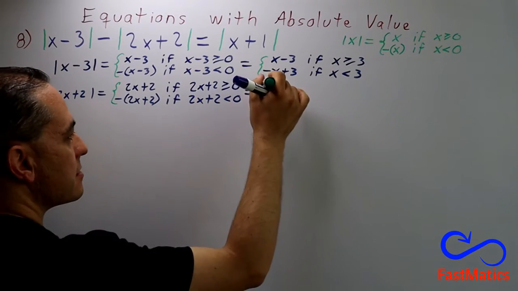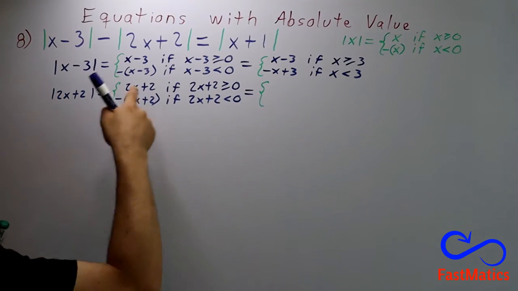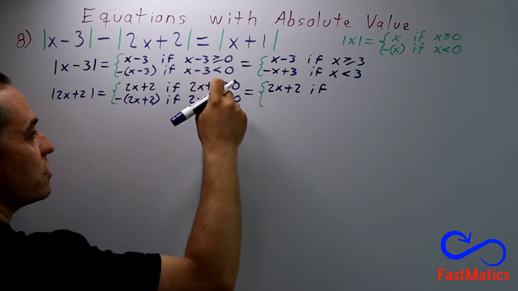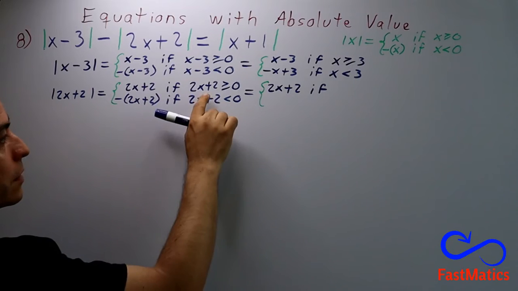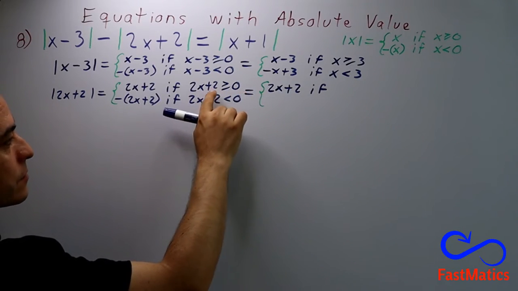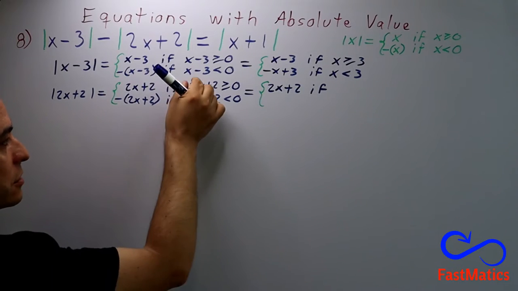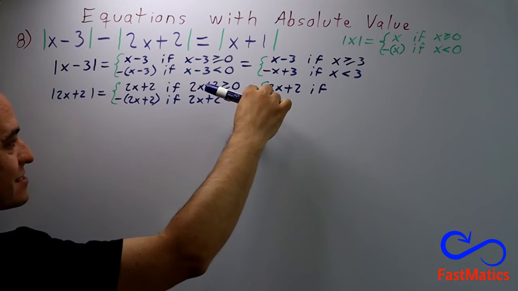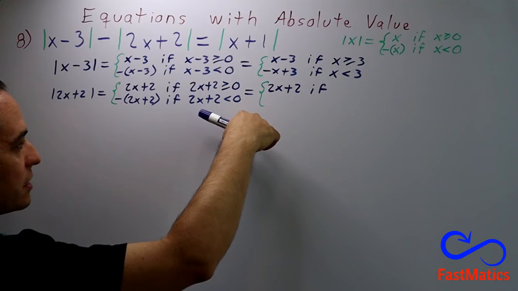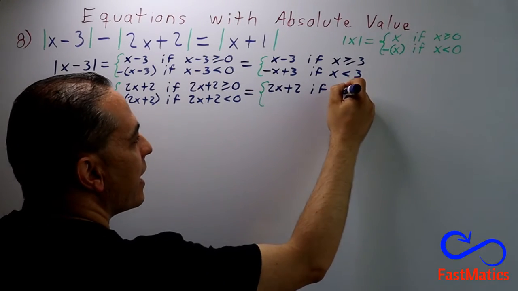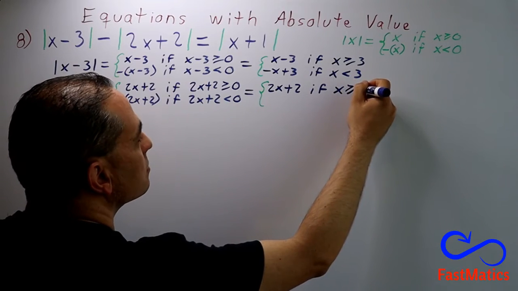And we can simplify a little bit. We copy everything, but we solve the inequality. We will pass the 2 as a negative 2, and we will pass the 2 dividing the negative 2, so we will get x greater than or equal to negative 1.